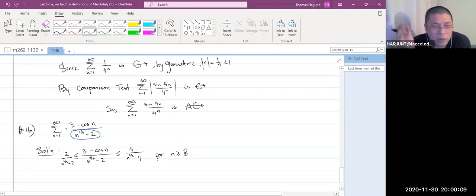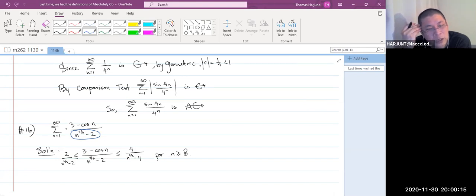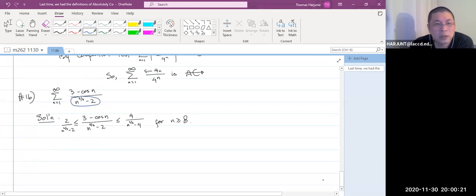The first couple of terms, I don't care. In other words, this sequence is eventually bounded below by 2 over something, and bounded above by something. But it goes to 0 too. Left and right go to 0.